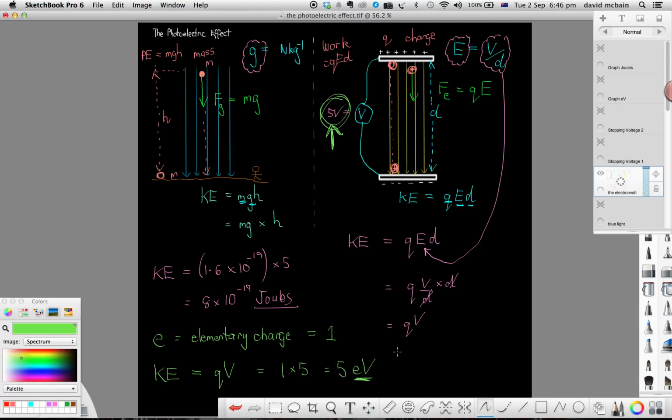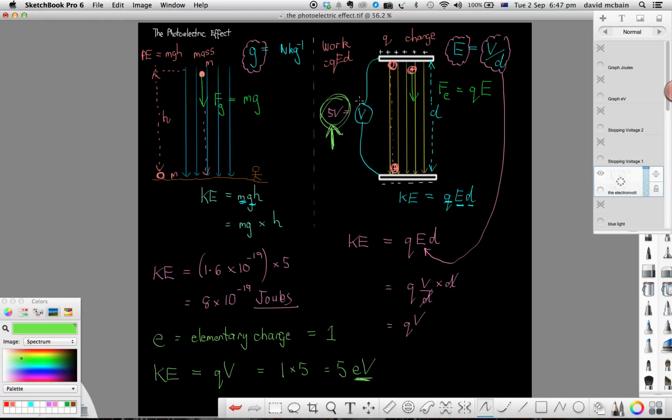And now we can also hopefully see that if we reverse our voltage, if we made the bottom plates positive and the top plates negative, we could actually push our positive charge the other way, or alternatively, we could stop it from getting to the other side by applying a stopping voltage equal to 5 volts.